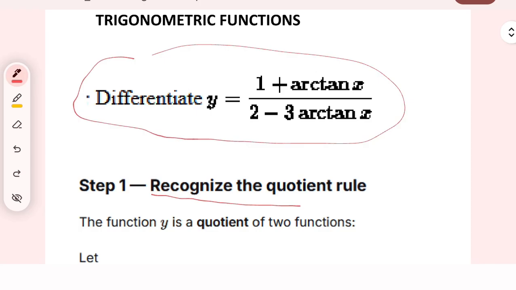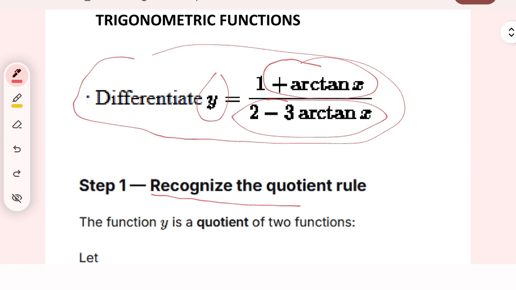In the first problem, we applied the product rule, because we had two functions being multiplied. But in this case, the function y also has two functions. This is the first function, this is the second function, and the functions are divided.